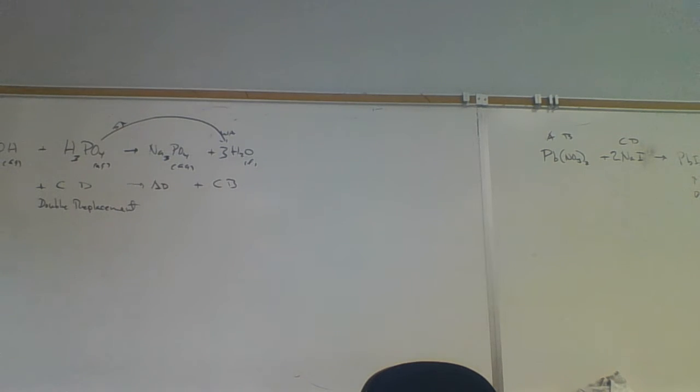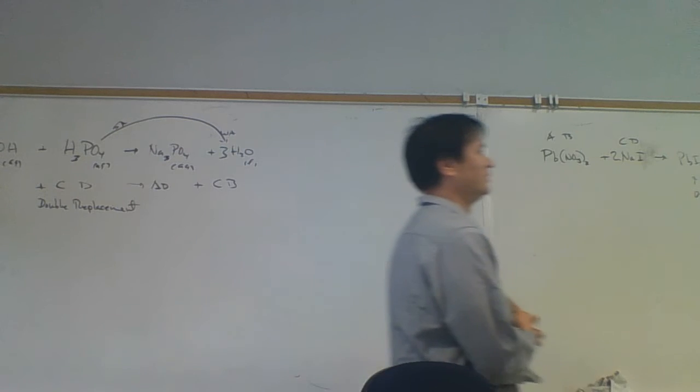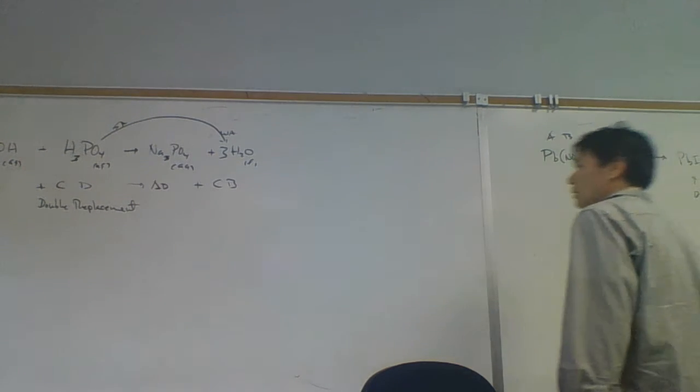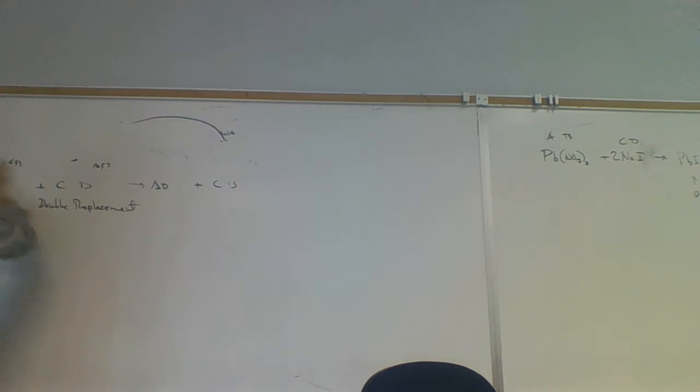Okay, that's 31. Let's take a look at 32. A precipitate forms when aqueous solutions of calcium nitrate and potassium carbonate are combined. Does that sound like metathesis to you? Calcium nitrate ions, potassium carbonate ions, so this is metathesis. Calcium nitrate, what's the formula?